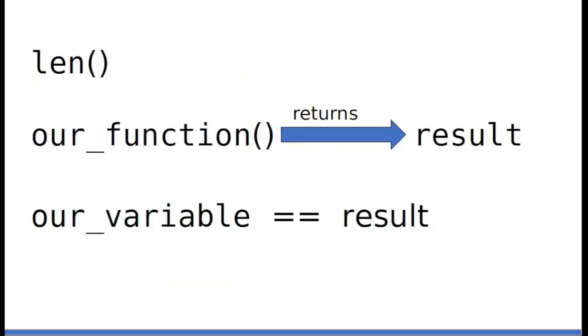And using this length function we want to do something similar to this. In our case we will replace our function by length function, give it some arguments between the parentheses. As we've said, it will be a string or a set of characters. Once this function executes and returns a result, we will then assign this result to a variable.